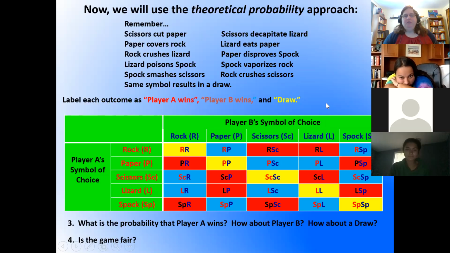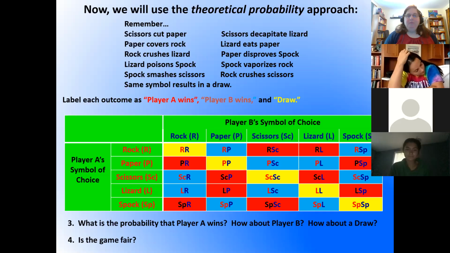So 10 over 25 gives us 0.4, or 40% of the time player A wins. Again, 10 over 25, 0.4, 40% of the time player B wins. And 5 over 25, or 0.2, or 20% of the time you have a draw. So you guys actually came pretty close to the real results of 40%, 40%, 20%.